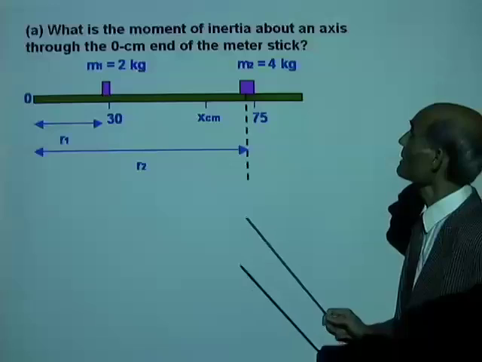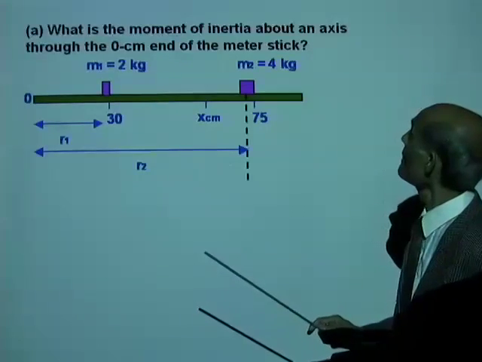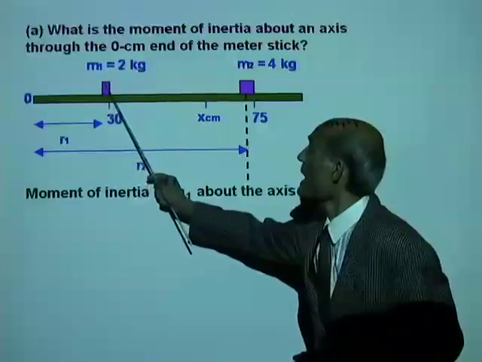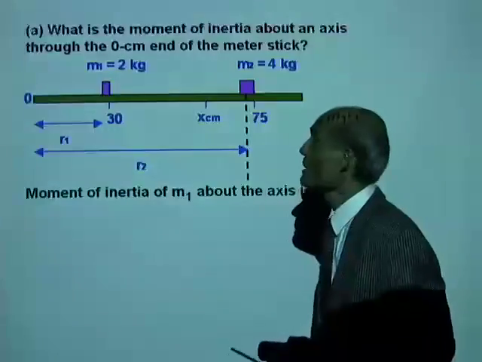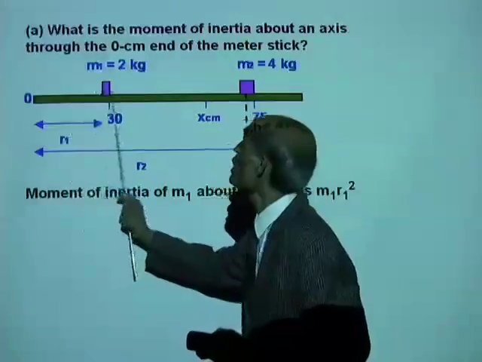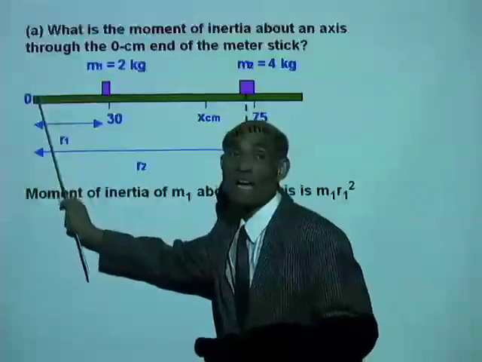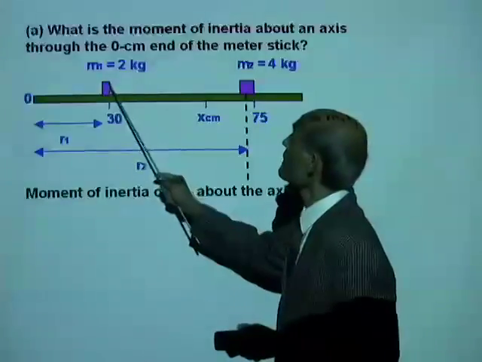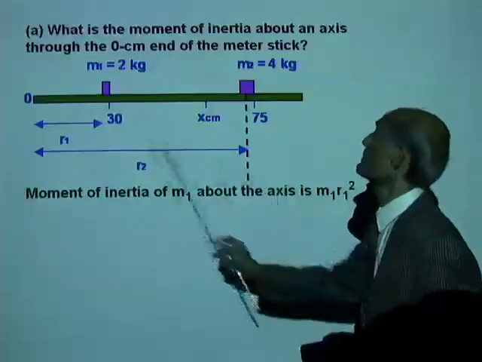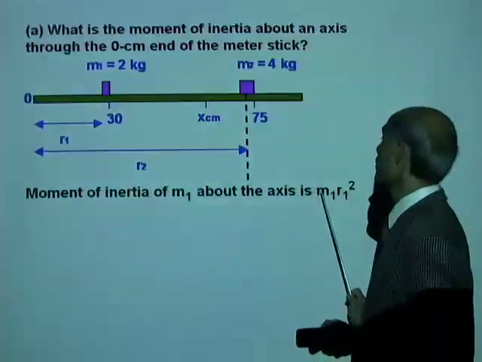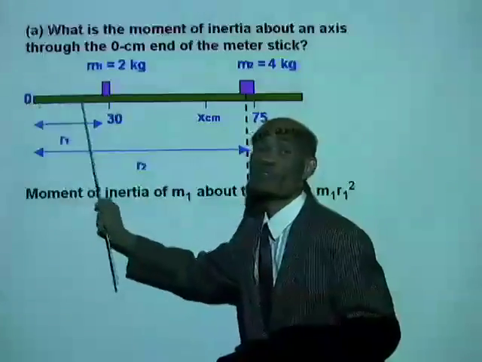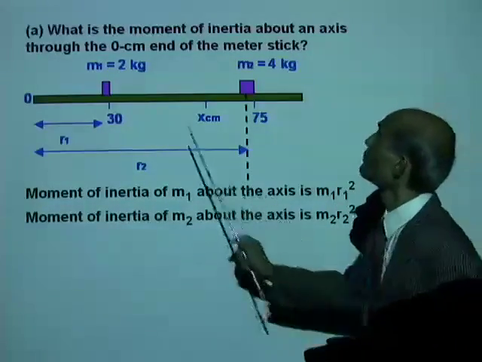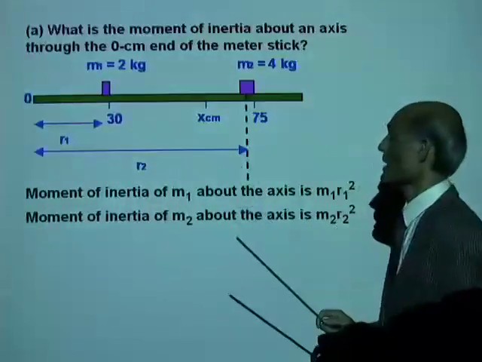Okay, let's look at that again. Now, what is the moment of inertia of object 1 about this axis? We are looking for the moment of inertia of these two objects about an axis that passes through the 0 centimeter mark. So, moment of inertia of M1 about the axis that passes through 0 will be M1 R1 squared. Moment of inertia of M2 about the same axis will be M2 R2 squared.